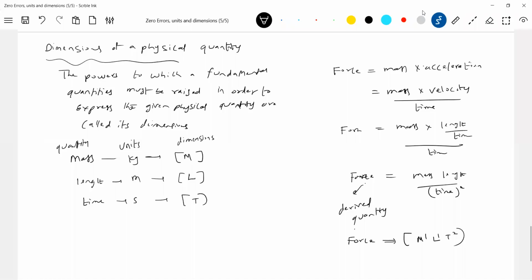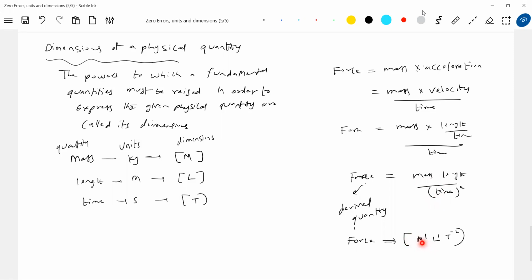This is a derived quantity, it depends upon the fundamental quantities, and I'm showing that by dimensional analysis here. Carefully make the observation. Even if you want, you can go like this, but every time writing mass, length, time will be more time consuming. That's why we brought it here.